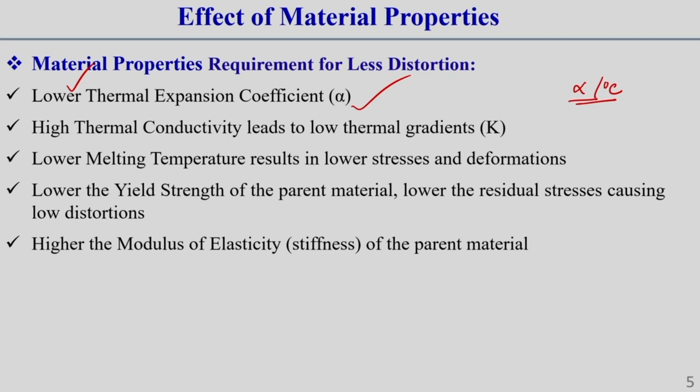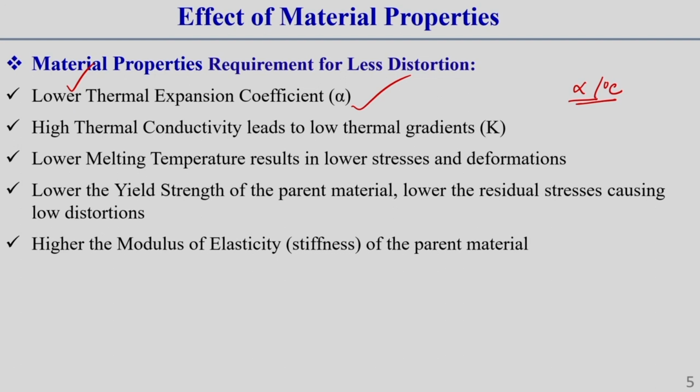Then another property is high thermal conductivity. High thermal conductivity also has an effect of decreasing the thermal gradient. Once there is a reduction of thermal gradient, there is a chance of reduction of distortion. Because if the thermal conductivity is high, heat can dissipate or conduct very easily. So, it will not remain in a particular place for a long time.